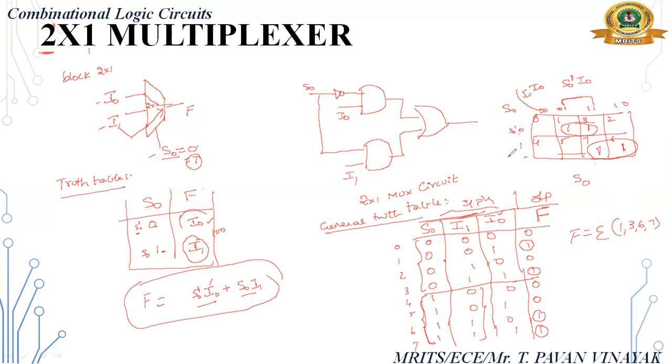This is S naught bar. This is S naught. So S naught. From these two columns, which one is common? One is common. That one belongs to I1. So S naught I1. So final expression is S naught bar I naught plus S naught I1.